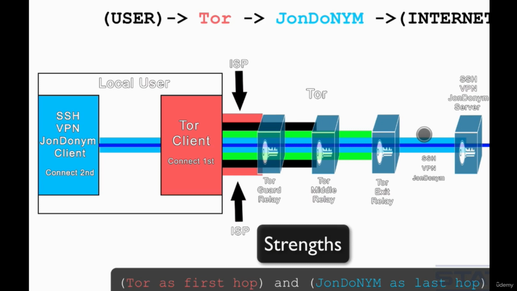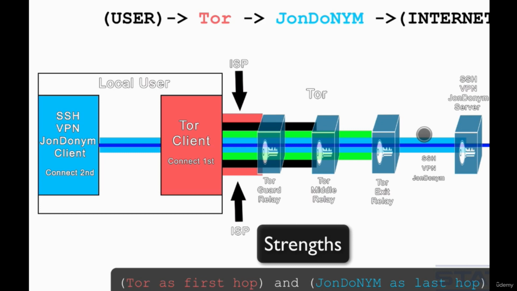Now let's talk about Tor as first hop and SSH, VPN, Jondonym as last hop. But in this system, Tor is blocked from its destination by the SSH, VPN, Jondonym server. Between these two layers, the Tor exit relay and the SSH, VPN, Jondonym server, Tor is stopped.